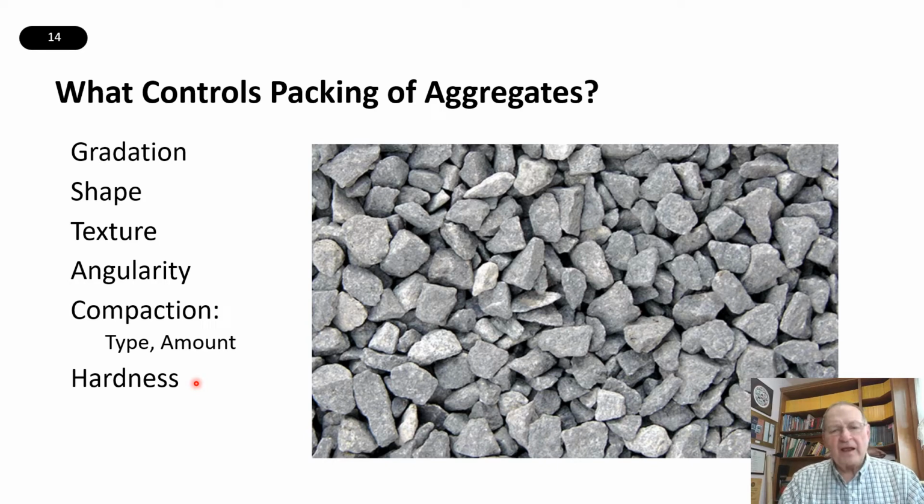If I have a relatively soft limestone, what can happen is that some of my aggregate particles will break during the compaction process, and it will allow the aggregate skeleton to pack tighter together than it would for the same gradation and all the other things being the same, but with a harder aggregate.